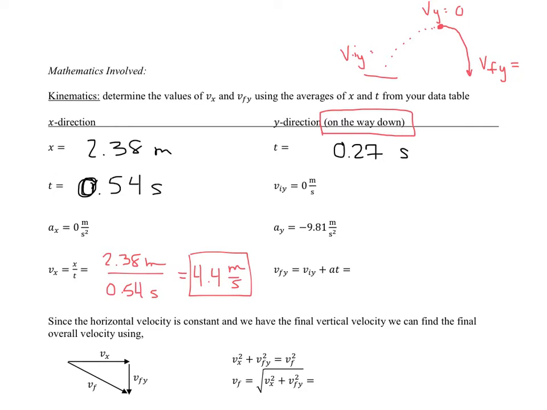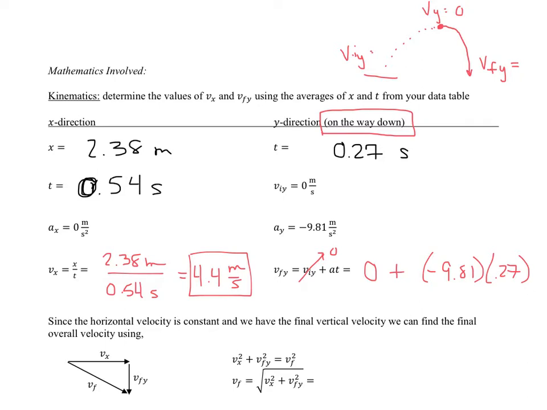We know Viy is 0, so this bottom part becomes 0 plus a times t. Again, if you want to find out the final velocity, Vfy equals Viy plus at. Since Viy is 0, we don't have to worry about that portion of the formula. It goes to 0.